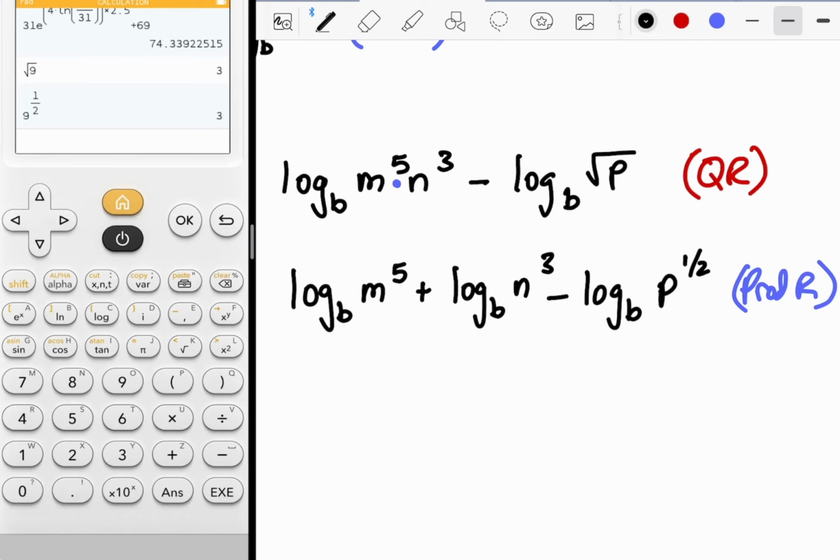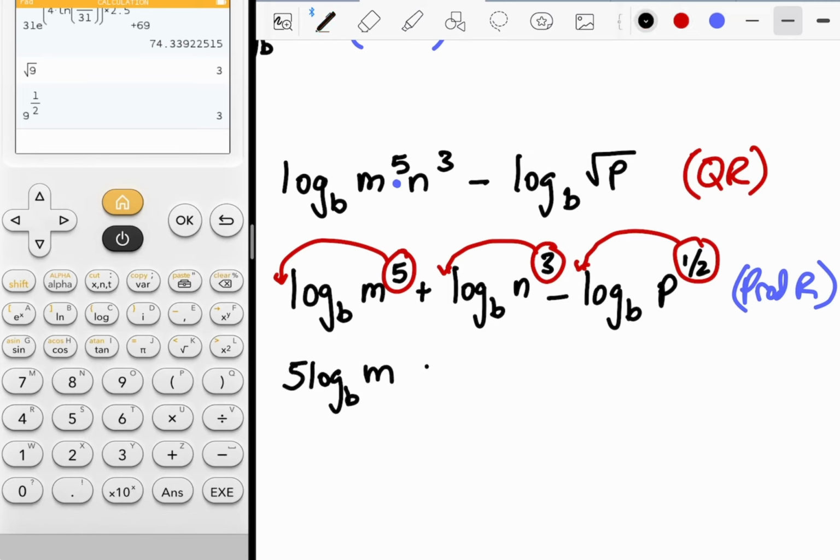I'm going to make those exponents hop over the log. Each one of those logs has its own exponent, so jump each one of them. So 5 log base b of m plus 3 log base b of n minus 1/2 log base b of p. And again, that was the power rule.